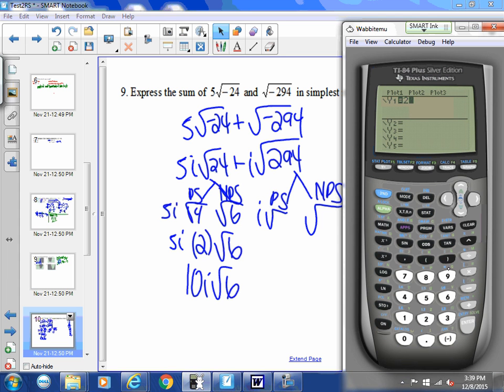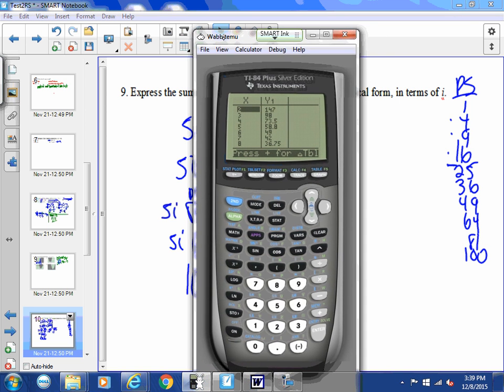294 divided by x. Table. This will give you all your factors of 294. I want to find the largest perfect square that's on that list. Well, I don't see 100, I don't see 81, I see 49 though.